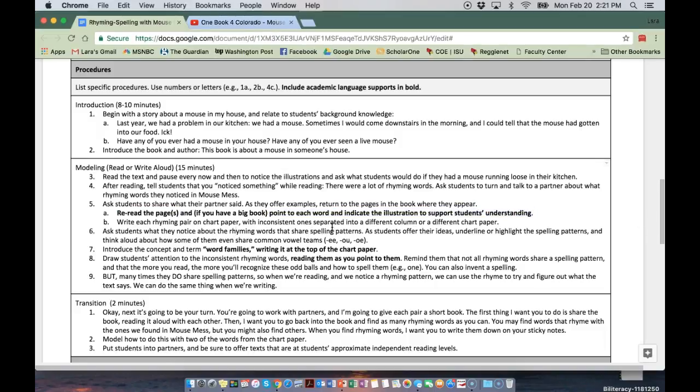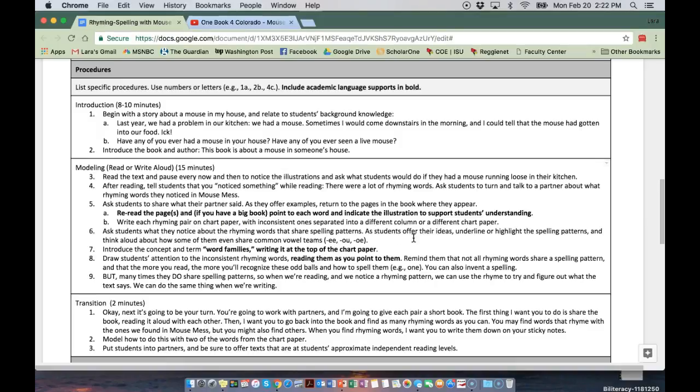The other thing I'm going to do is ask them what they know about the words. And then as I'm writing these rhyming pairs on chart paper, I'm going to be categorizing them differently, right? With inconsistent ones separated into a different column or even on a different piece of chart paper.